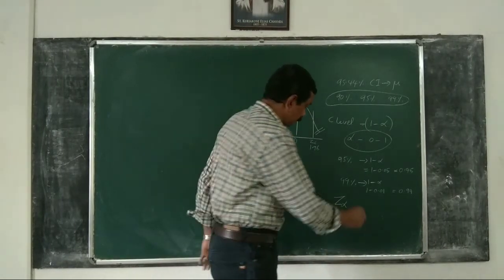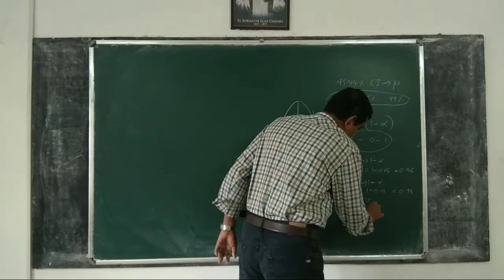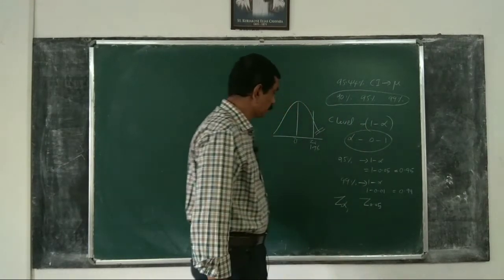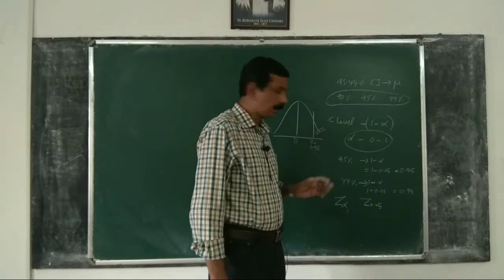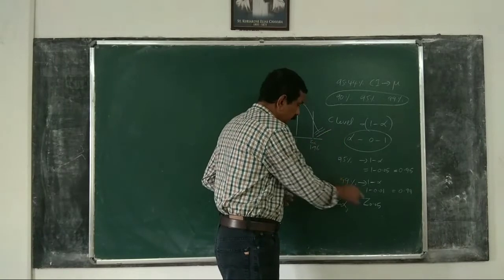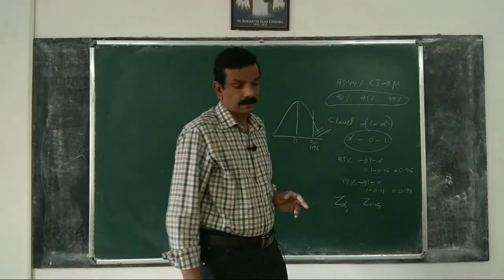For example, if I write Z0.05, it means the area that is 5% to the right of this Z0.05.